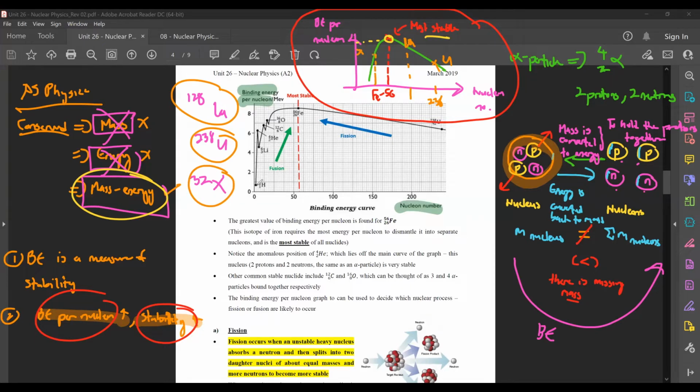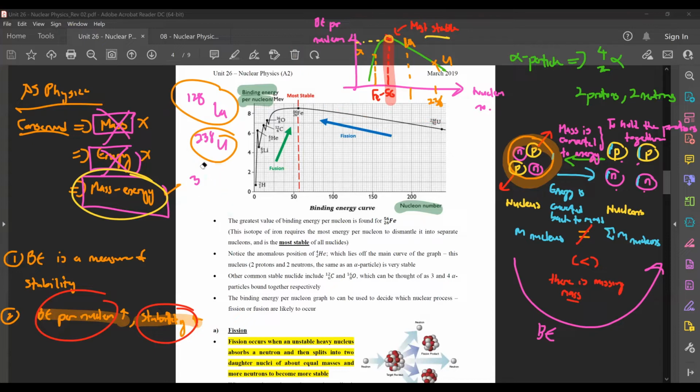It's all made with respect to where your 56 is at. If the nucleon number is above 56, it will be on the right hand side. If your nucleon number is below 56, it will be on the left hand side. That's the reason why you need to remember the general shape as well as the position where you have the highest binding energy per nucleon.